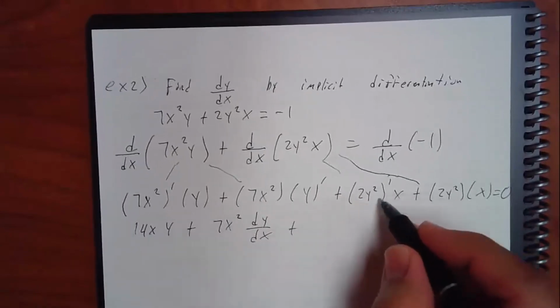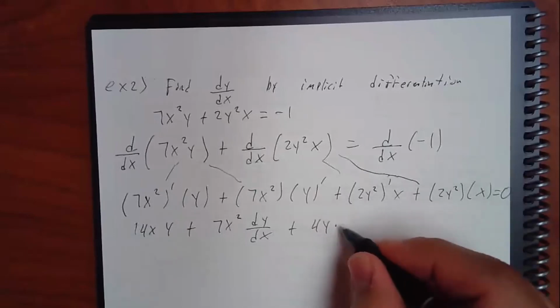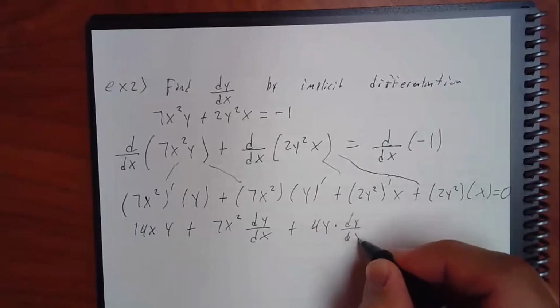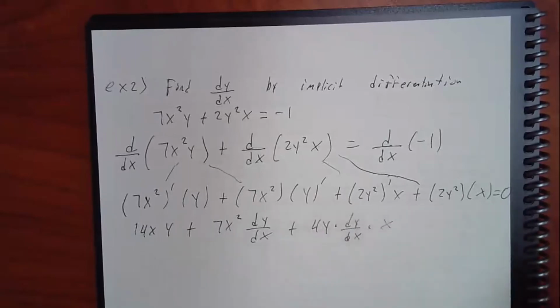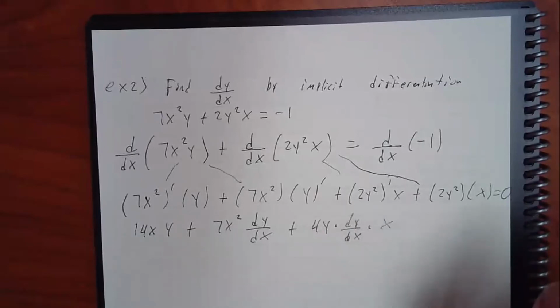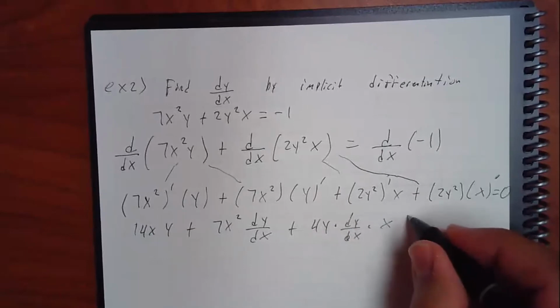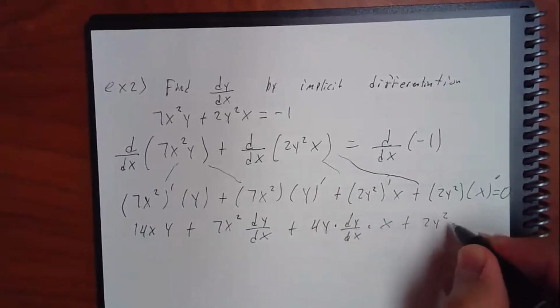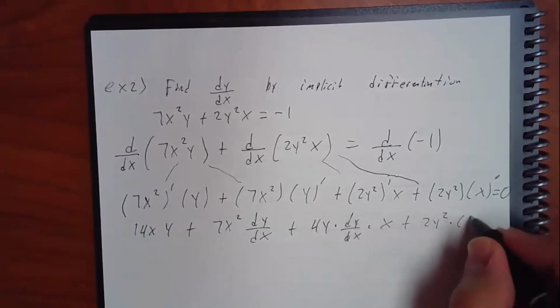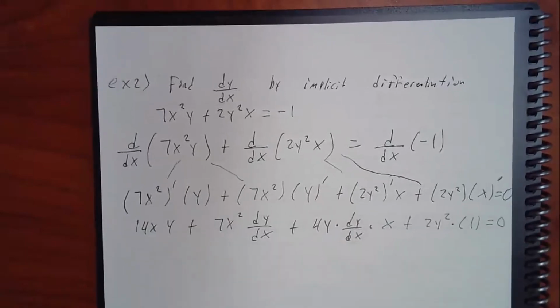Plus derivative of this guy will be 4y times dy dx times that x right there. Forgot to put a quote over here. Plus 2y squared times 1. Okay.